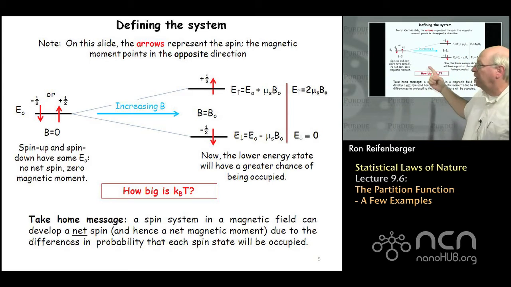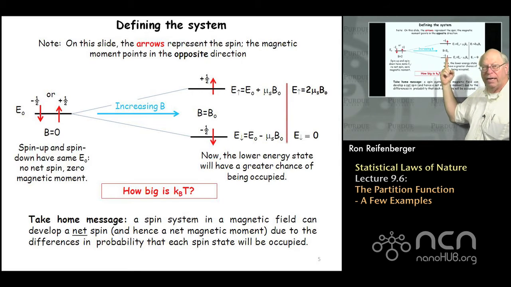These red arrows here are not magnetic moments, they're actually spins, and so I'm going to be talking about spin up and spin down electrons. The lowest energy state for a spin down electron in an external magnetic field is when the magnetic moment of this spin down electron aligns with the magnetic field.